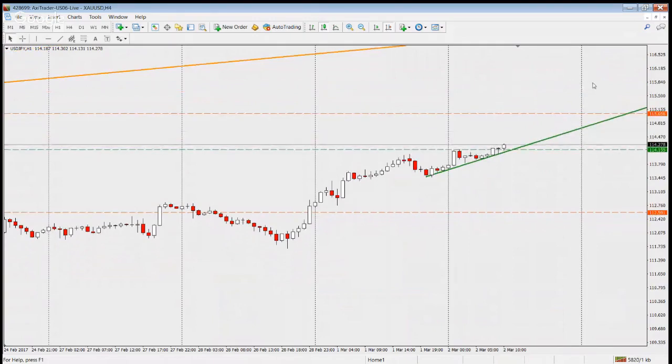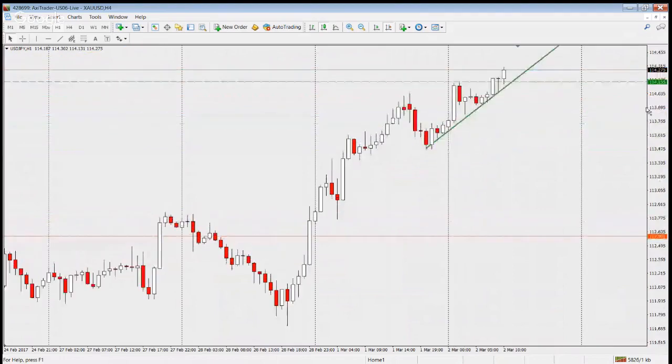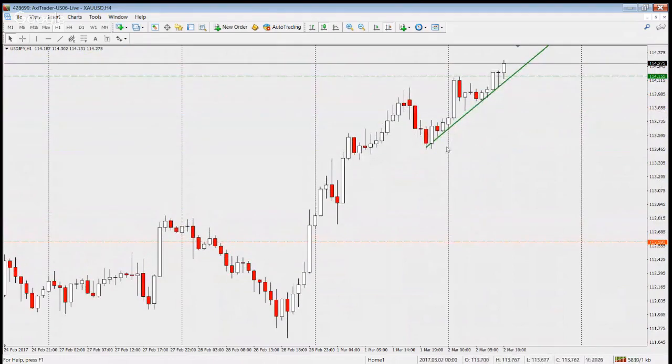That's the idea. Does that make sense? It doesn't have to be just bouncing off support and resistance. You can also get a breakout and a retouch. It's a little bit different, but it's the same concept, and it looks the same on the chart in terms of the angle of the bounce.